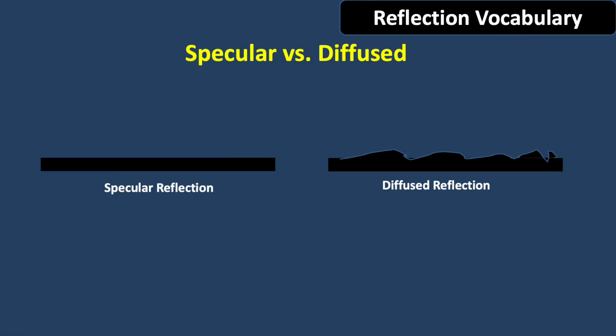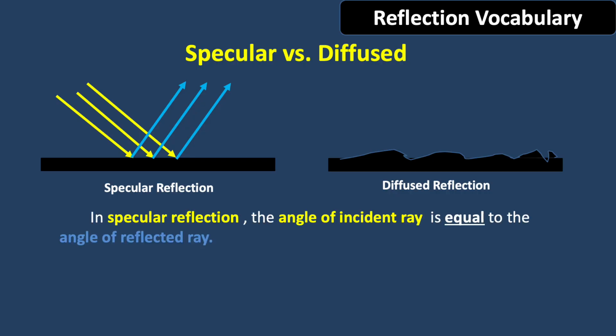Specular images result from light reflecting off a smooth surface like a mirror, where rays bounce off in the same direction and form a clear, sharp image. This is known as specular reflection, wherein the angle of the incident ray is equal to the angle of the reflected ray.